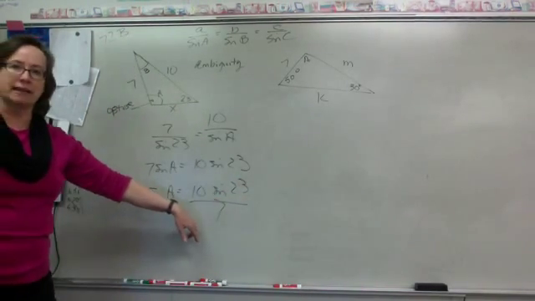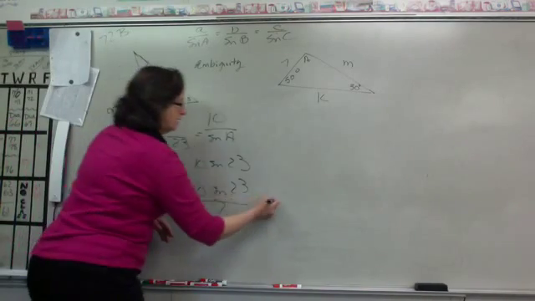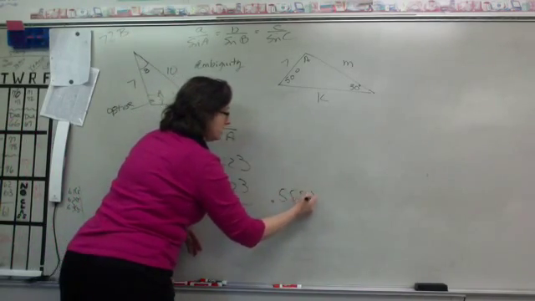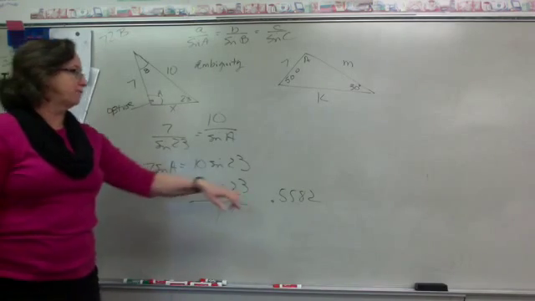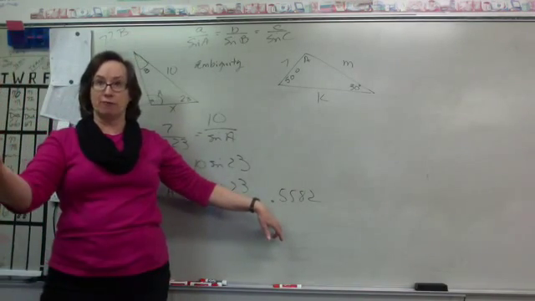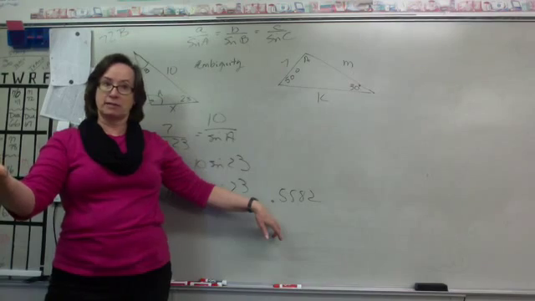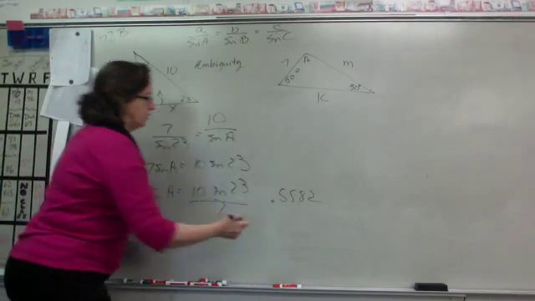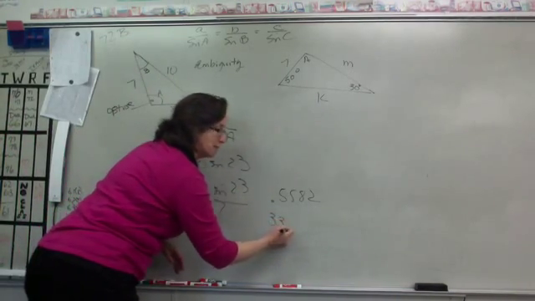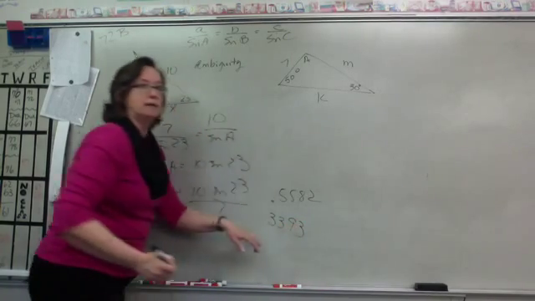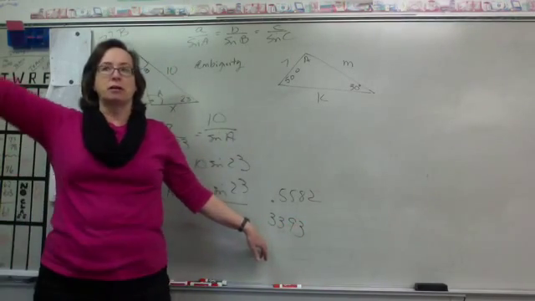When we calculate that, what do we get? 0.5582. However, 0.5582, when we put in the inverse sine of both sides, we end up getting what? We got the 33 point what? 33.93. But what's the obtuse angle?